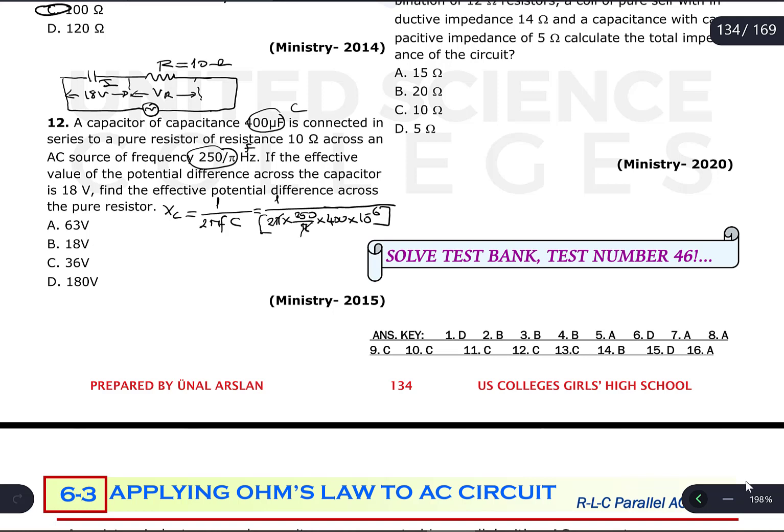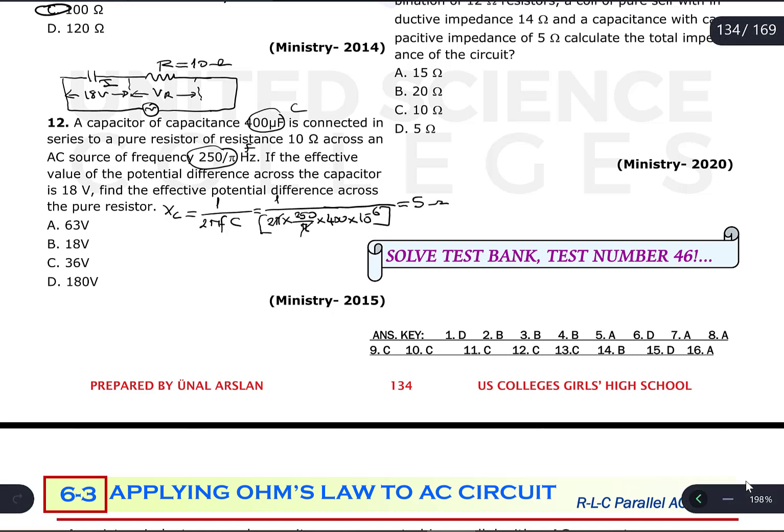2 times 250 times 400 times 10 to the power of negative 6. So this is 0.2, 1 divided by that, XC is found as 5 ohm.